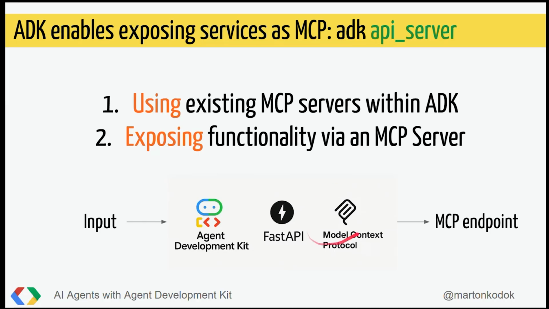Now, why is it the killer combination? Because the input could be, let's say, a farm of agents. But just 5 minutes ago, I was discussing that you may hook up an OpenAPI spec, which is a Swagger, and build it as part of the Agent Development Kit.